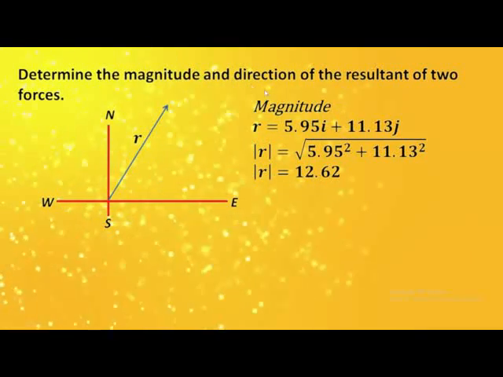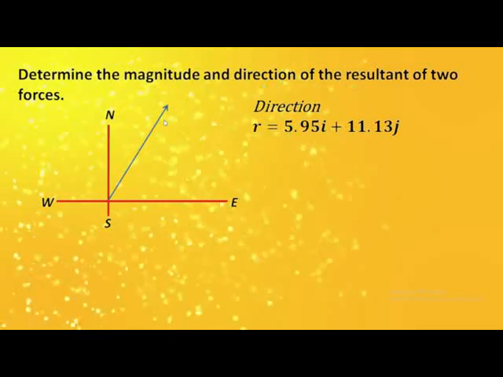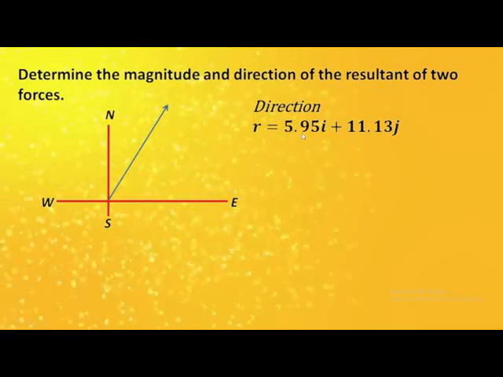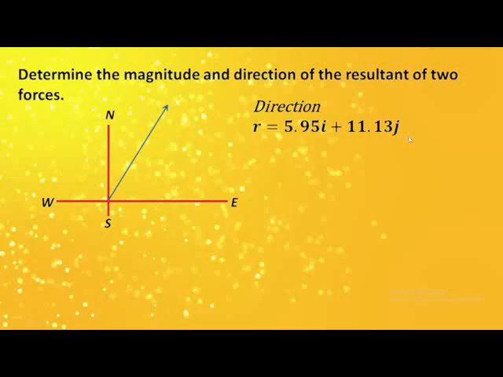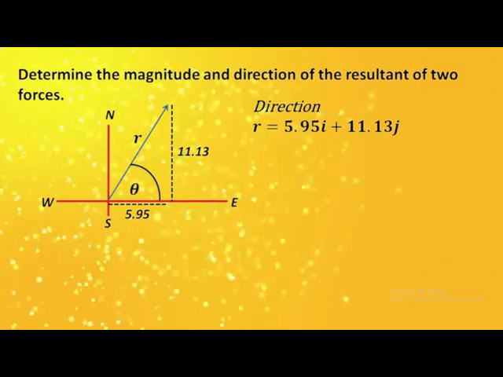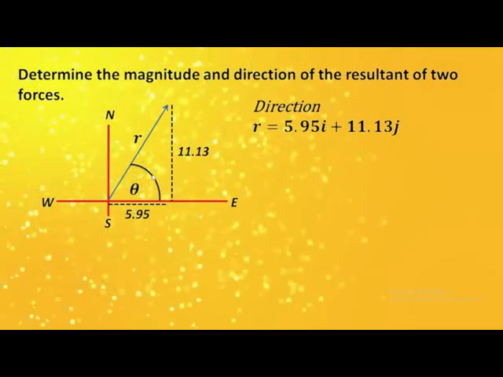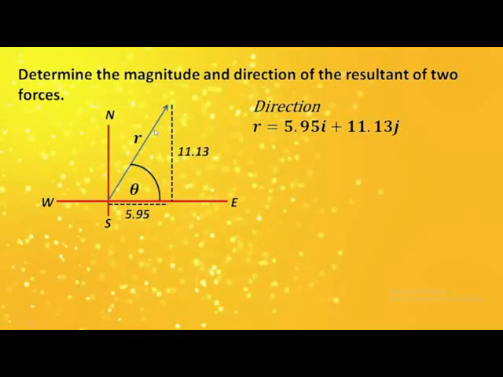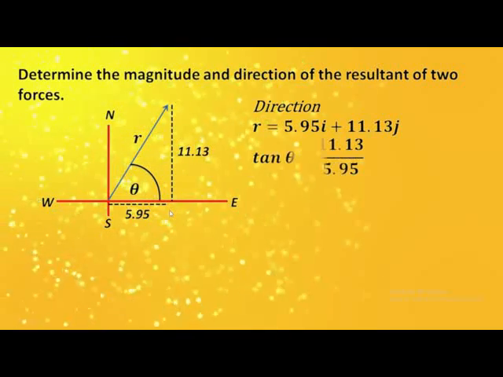Now we're going to find the direction. How do we find the direction of this vector? We have found the components of R: 5.95 i plus 11.13 j. We are going to find this angle to identify the direction of this vector. How do we find this angle? We use tan.